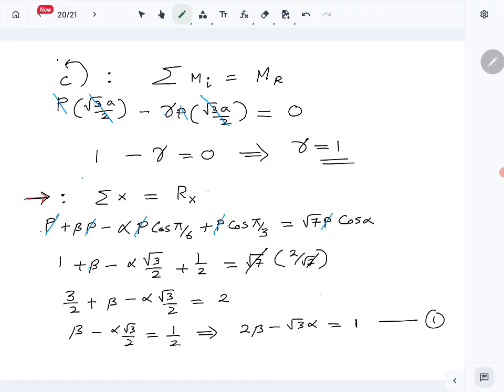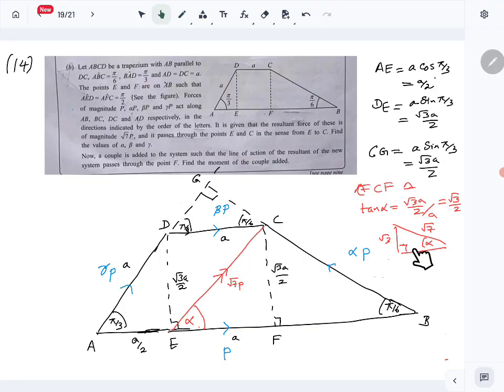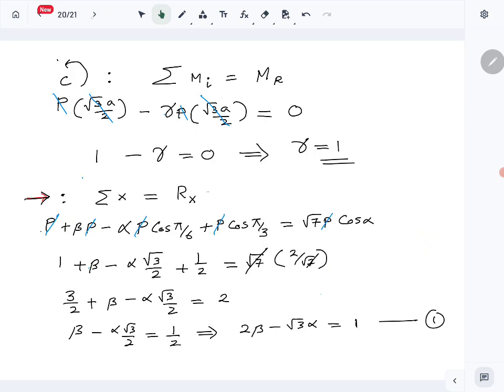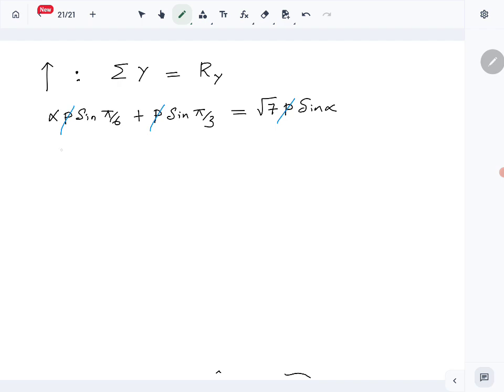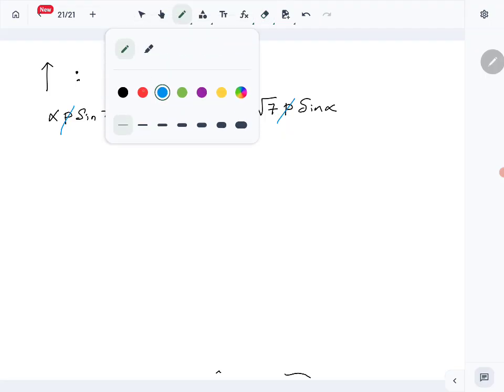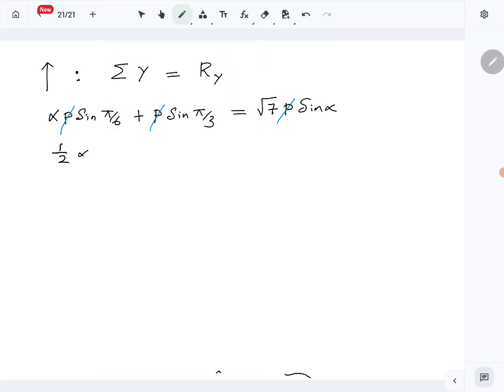And what is sine alpha? From this triangle, sine alpha is opposite over hypotenuse, so root 3 over root 7. So we have half alpha plus root 3 over 2 equals root 7 times root 3 over root 7, which is the sine alpha.